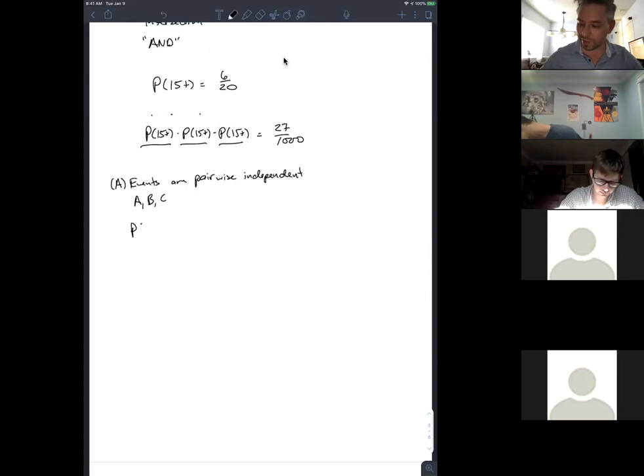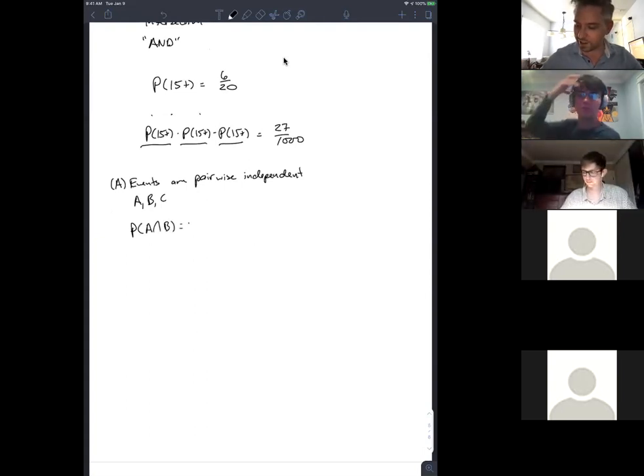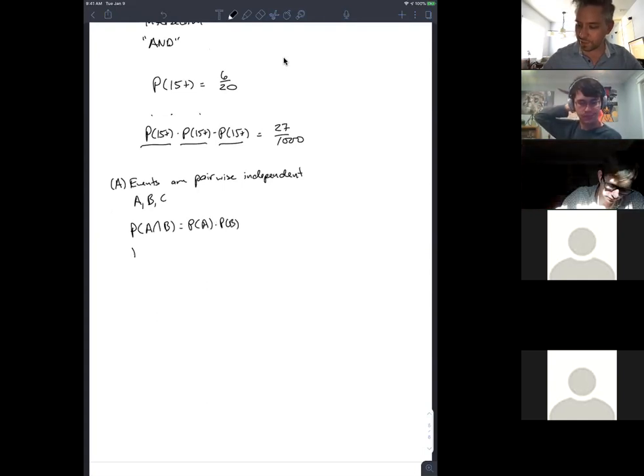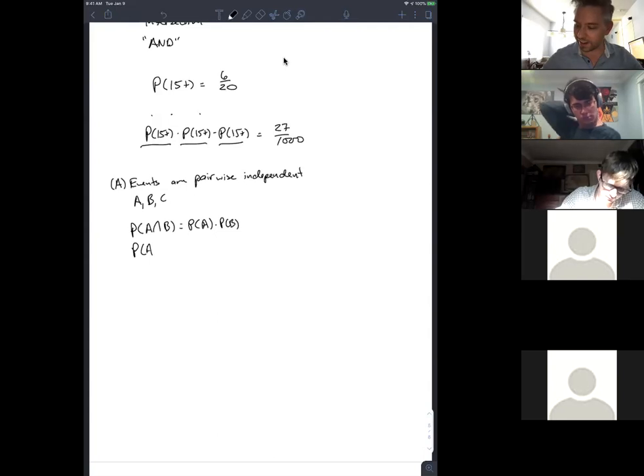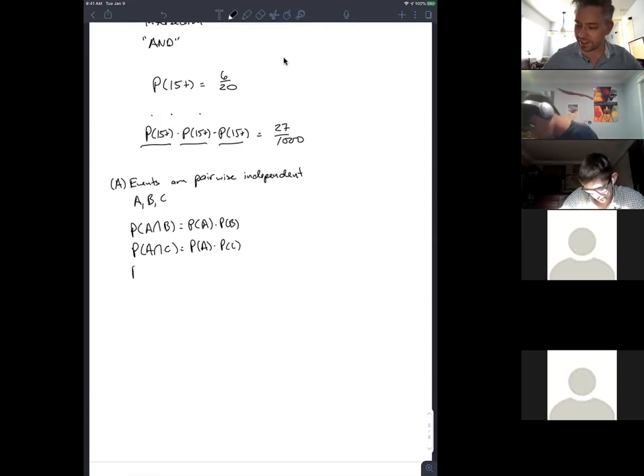So the probability of A and B is the probability of A times the probability of B. The probability of A and C is the probability of A times the probability of C. And of course, the last one is B and C, which is P of B times P of C.